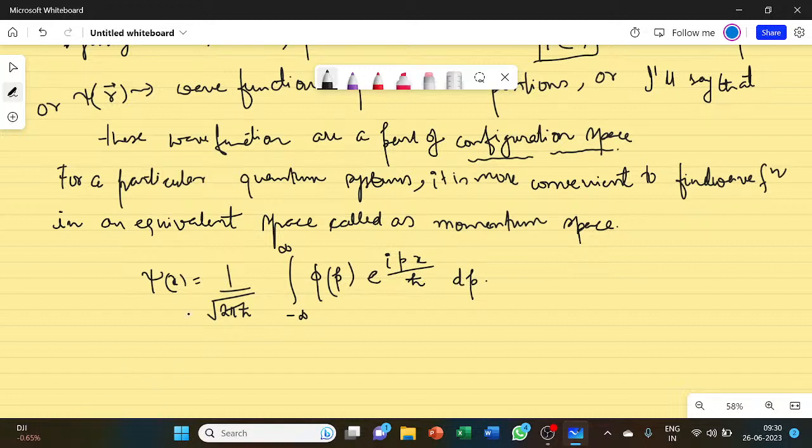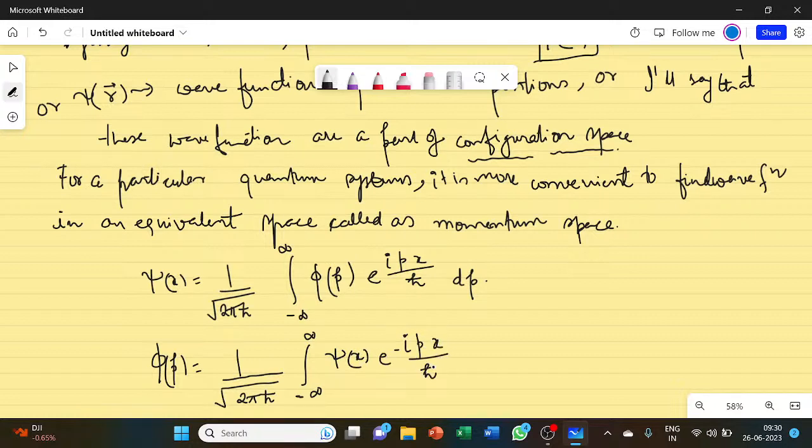And similarly, phi of p is equal to 1 upon root 2 pi h-bar, integral from minus infinity to plus infinity, psi of x, e to the power minus i p x upon h-bar, dx. So the wave function in the coordinate space is the Fourier transform of the wave function in the momentum space, and the wave function in the momentum space is the Fourier transform of the wave function in the coordinate space.